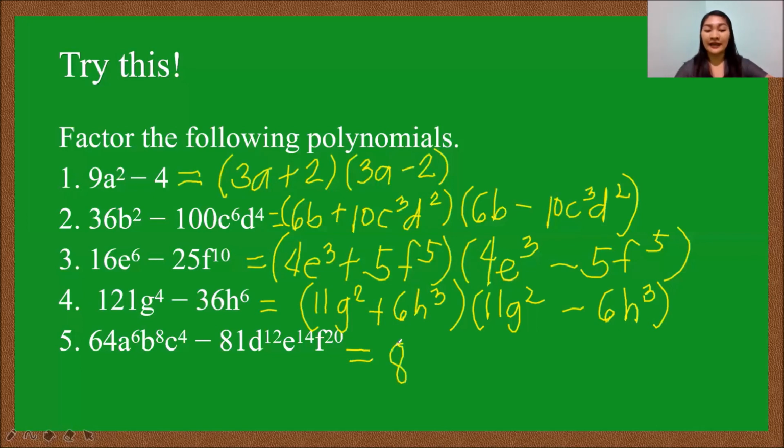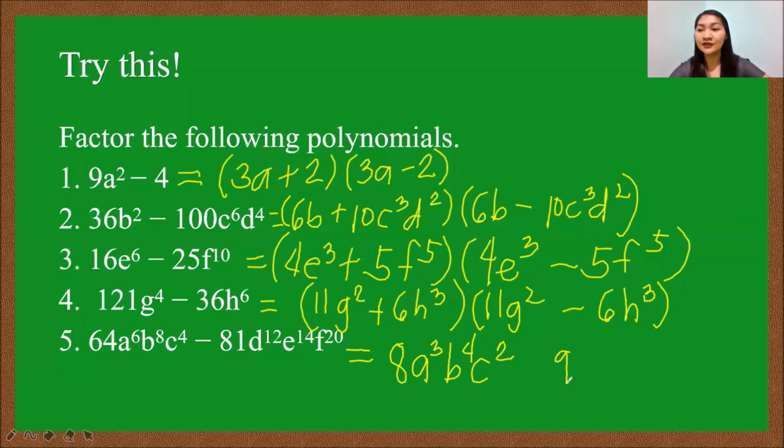The square root of a raised to 6 is a cubed. Divide lang yung exponent by 2. The square root of b raised to 8 is b raised to 4. And the square root of c raised to 4 is c squared. For the second term, the square root of 81 is 9.